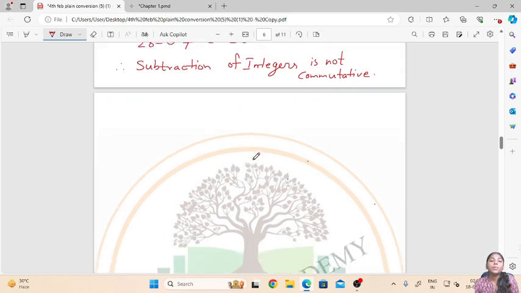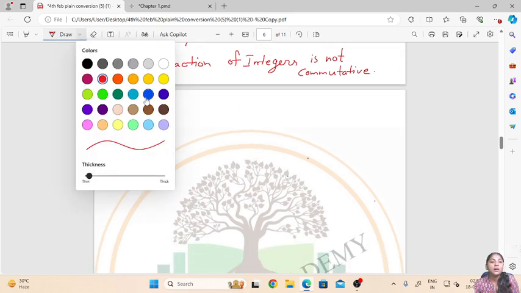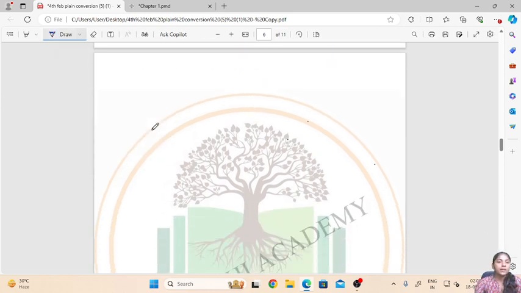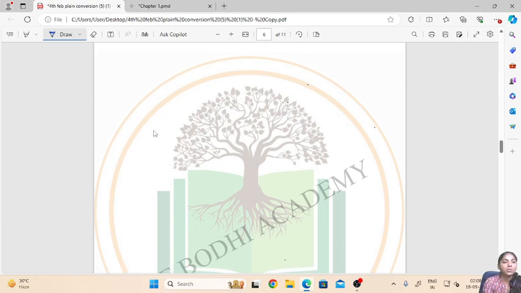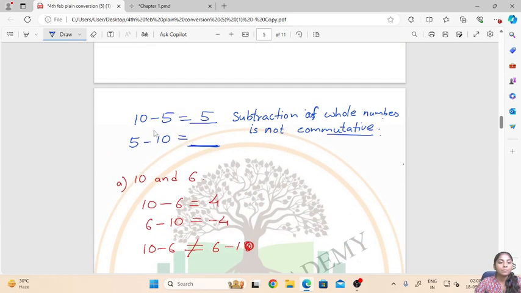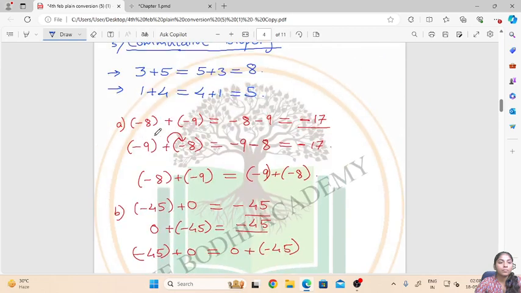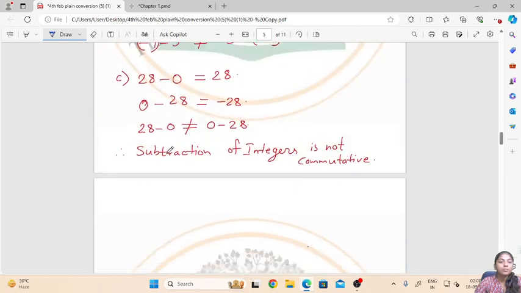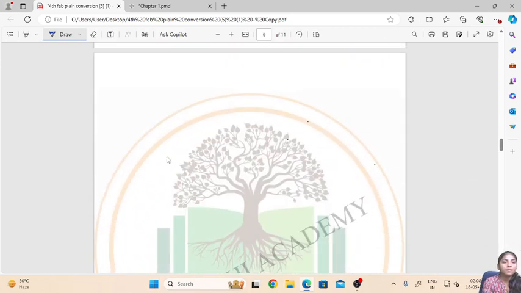Then the next property that we will see is the associative property. Let us see what the associative property of integers is.